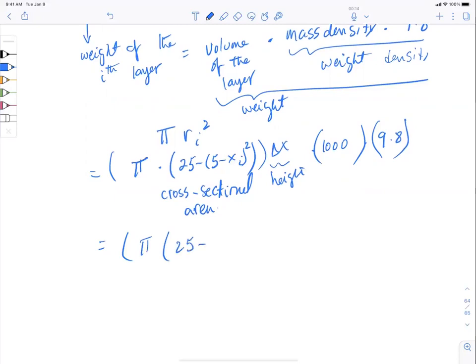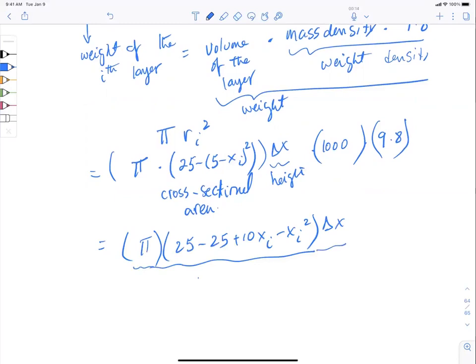It's 25 minus 25 plus 10xi minus xi squared, times delta x. So once again, pi ri squared is your cross-sectional area, times delta x gives you volume, times 1,000 gives you mass density, times this is total mass, times 9.8 gives you total weight.